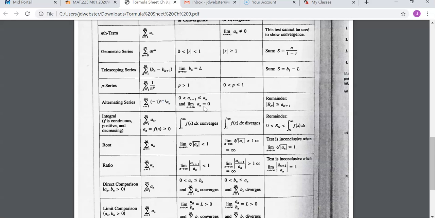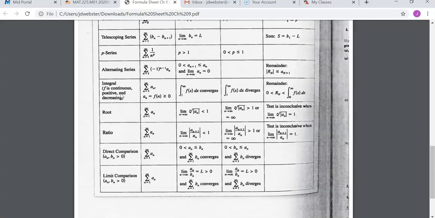And the condition of convergence is that we're decreasing and the terms go to 0. There's also a remainder piece that we dealt with last time. The integral test says if the integral of f of x converges, then the series converges. If the integral of f of x diverges, the series diverges. There's also a remainder test there, but we didn't go over that.